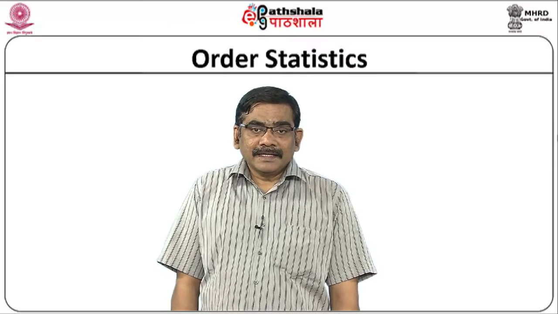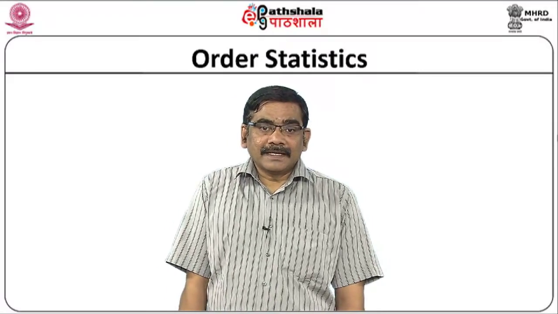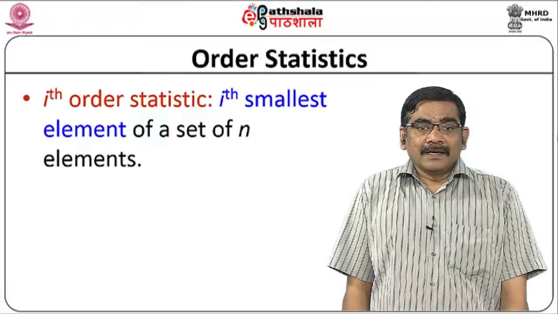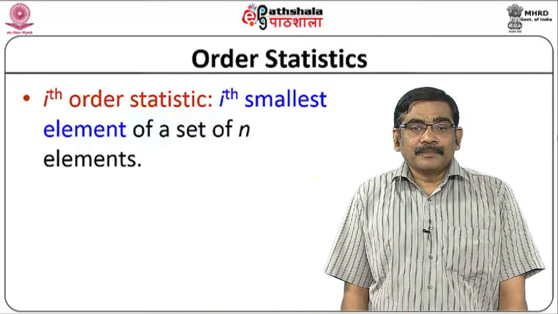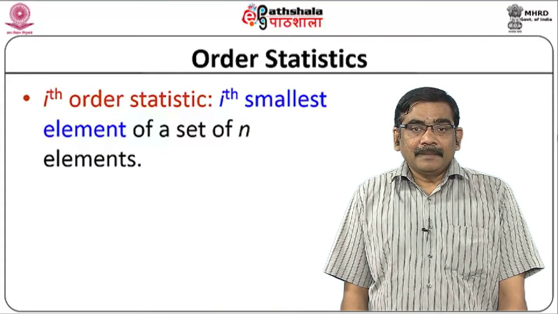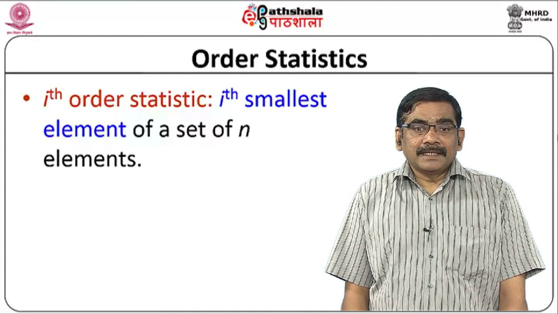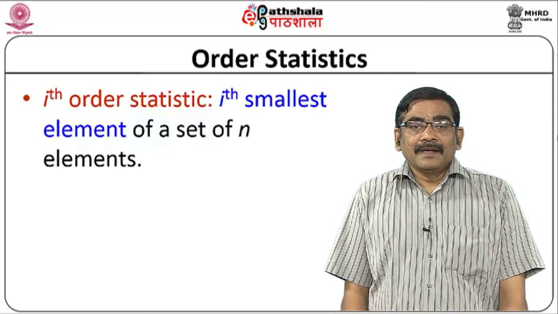The next category of algorithm that comes under the decrease and conquer category is called order statistics. Order statistics means statistics like maximum, minimum, median, mean, mode. These are all examples of order statistics.